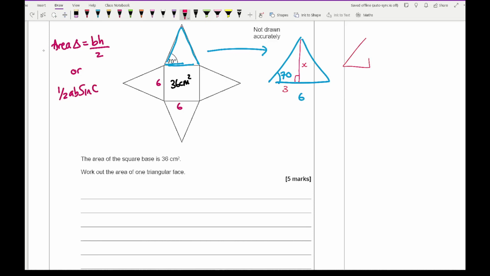So then using this triangle here, which has x, this is 70, and this is 3, I can then use tan 70, because I've already used the letter x, so tan 70 equals x over 3. Let me just write that out a little bit better.